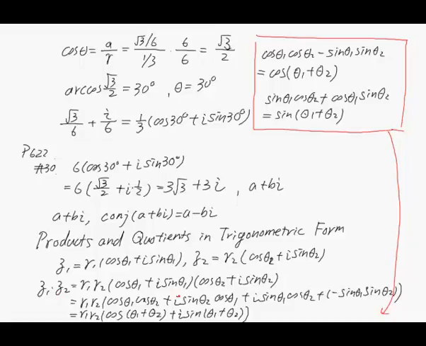Let me rewrite this result on the next page. So now you have z1 times z2 is equal to r1 times r2, then times cosine of theta 1 plus theta 2, plus i times sine of theta 1 plus theta 2.